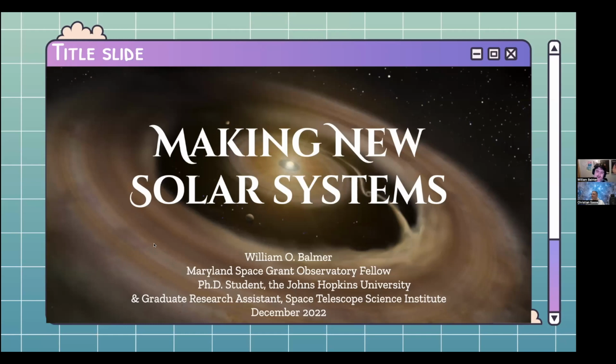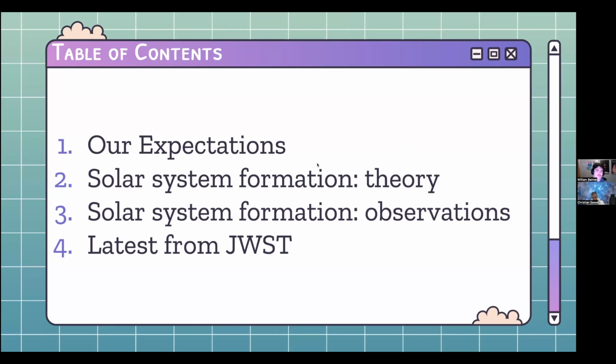Like you just heard, my name is William, and so I'll just get right into the talk about the process of star and planet formation, or making new solar systems. So just a quick roadmap of the talk. I'm going to try and lay out some of our expectations for how star and planet formation might occur based on our observations of our own solar system and our observations of exoplanets.